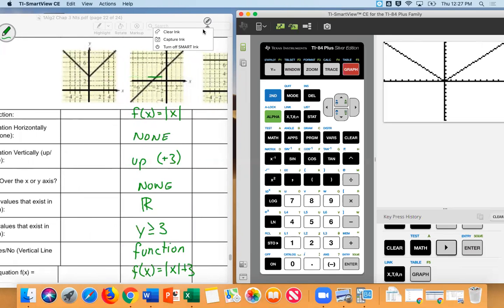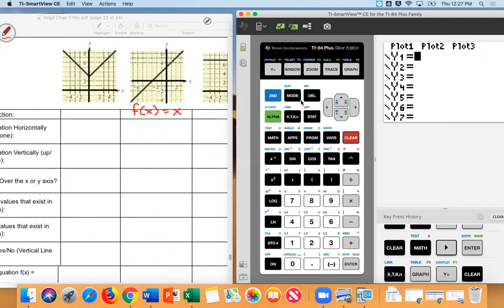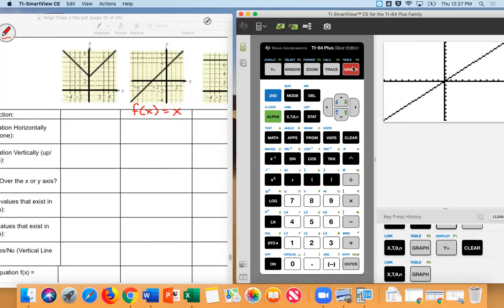This guy. This is y equals mx plus b, right? Agreed? Yeah. We just say it's a little less fancy, just f of x equals x. Okay? I come here. All right, there's my line.